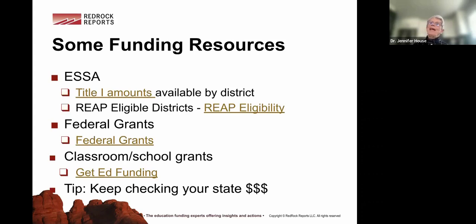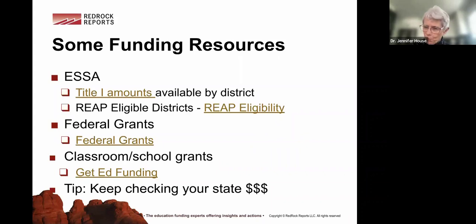You will note that it'll give you 2020 funds. They did not change that in 2021. So a lot of times these are done for 2 years. So we're expecting that there will be a change in the fall to these Title I amounts. But for right now, it's the 2020 levels.